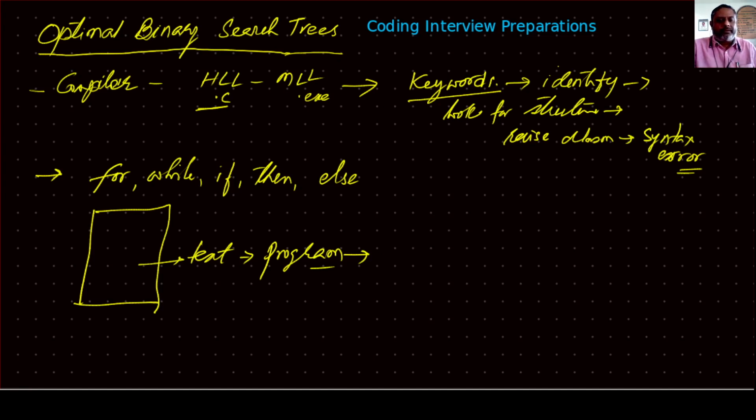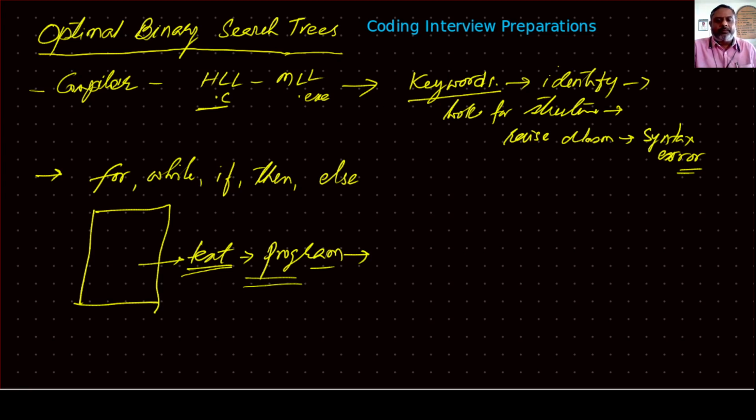So from this heap of text, the machine without any intelligence must be able to identify the meaning of the program.